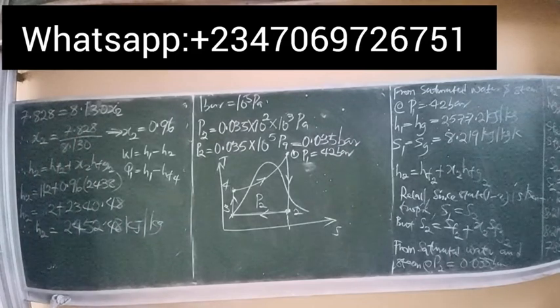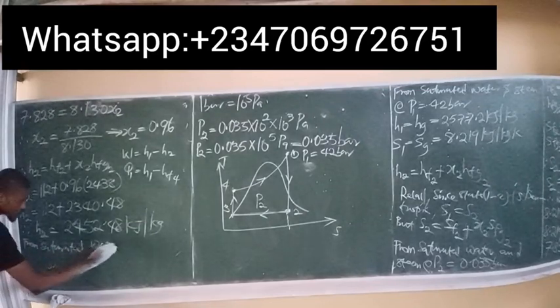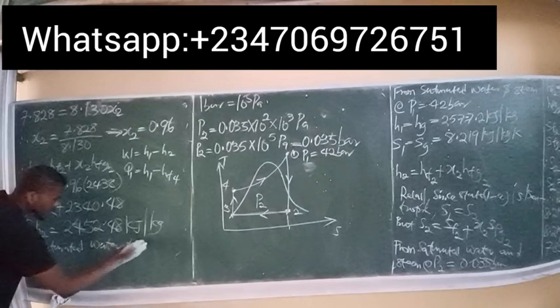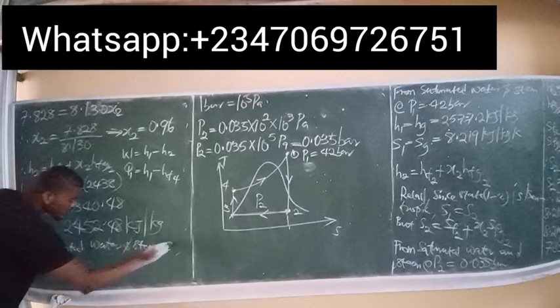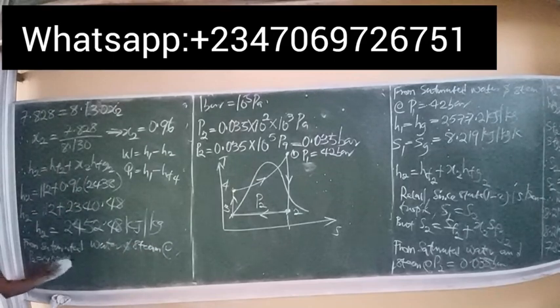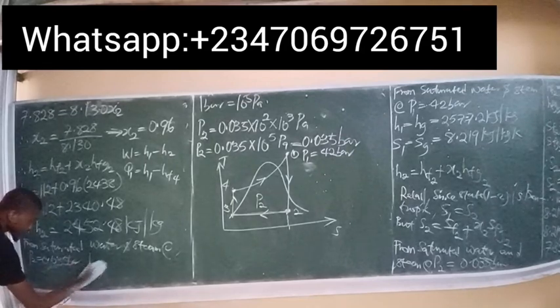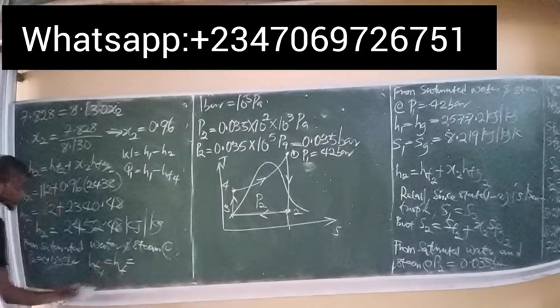So from saturated water and steam tables, corresponding to 0.035 bar, which is P2 equals 0.035 bar, we can now find that HF4 equals HF at that particular state.